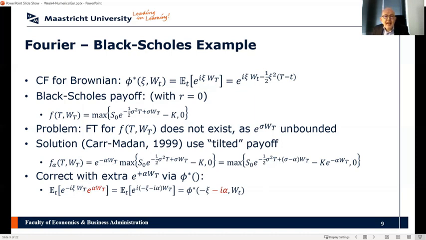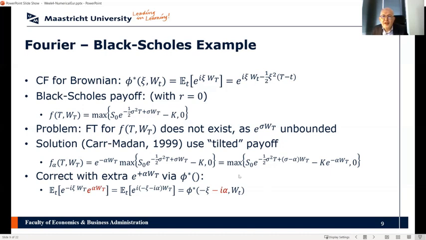Now, if alpha is larger than sigma, then the -alpha Wt makes sure that this exploding tail of e to the power plus sigma is compensated with this e to the power -alpha Wt term.